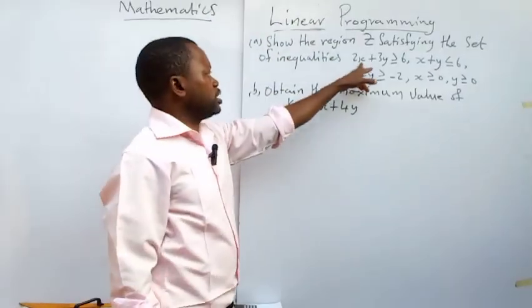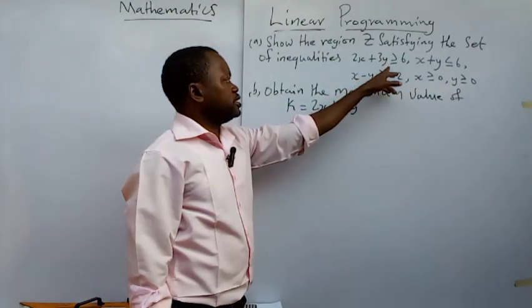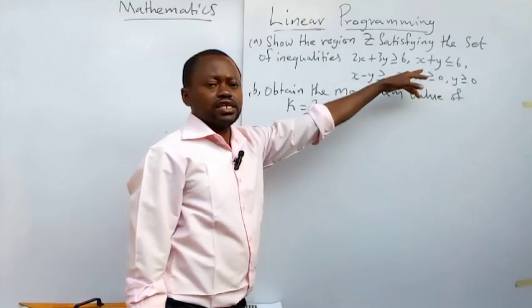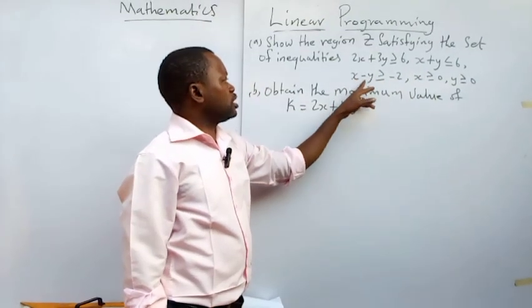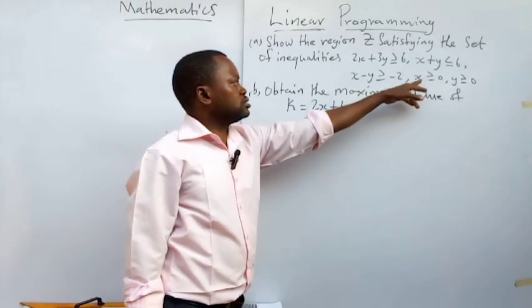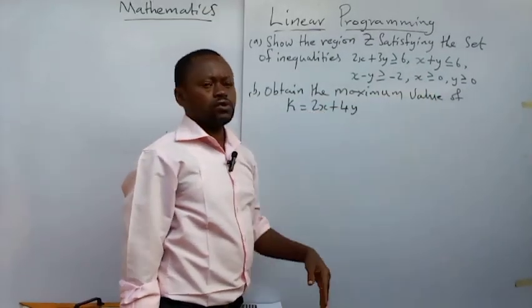You can see 2x + 3y is greater than or equal to 6, x + y is less than or equal to 6, x - y is greater than or equal to -2, x is greater than or equal to 0, y is greater than or equal to 0.